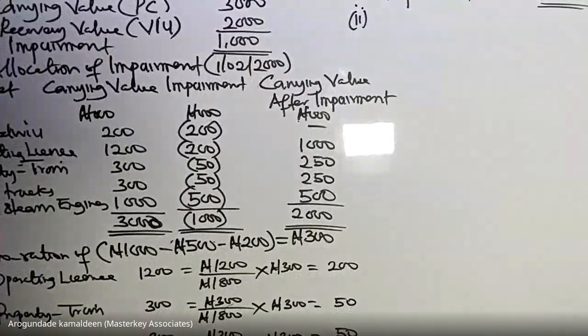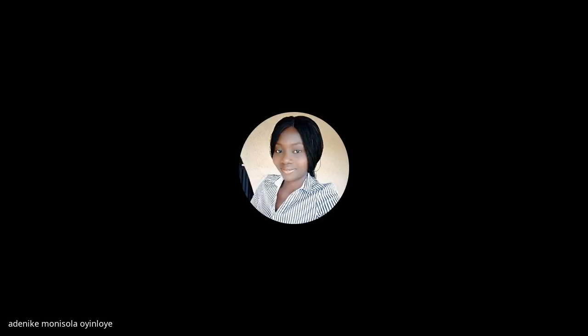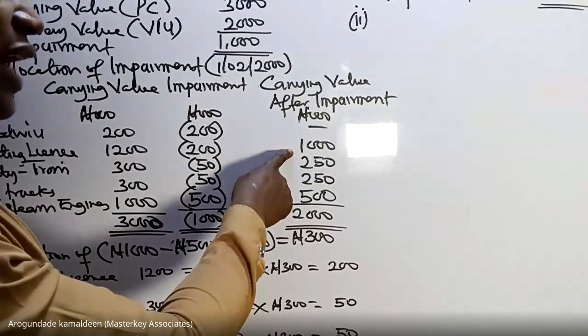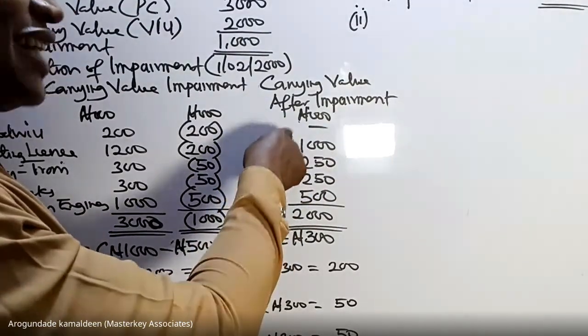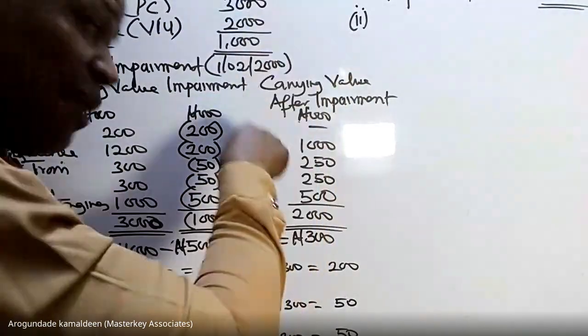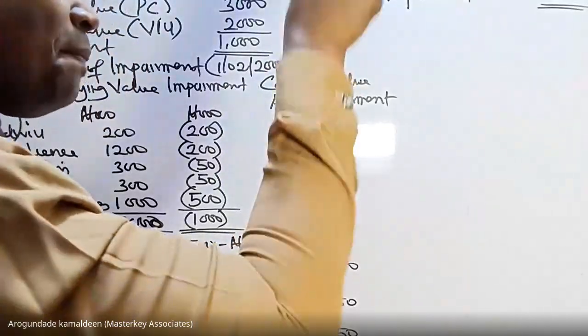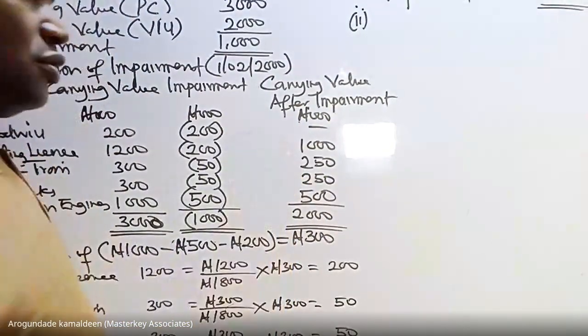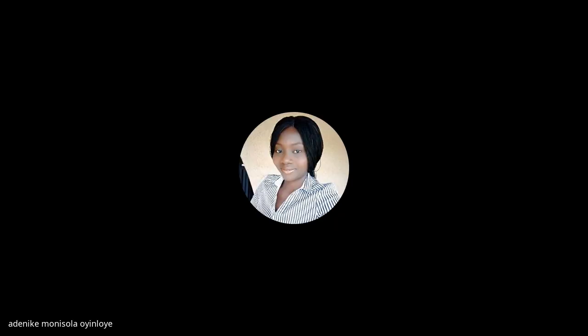By 300. No, initially it was 1.3. Check it. Let's see. Now it's 900. Now, this is now the new value. So base it on this value. So that's 100. Thank you, better.